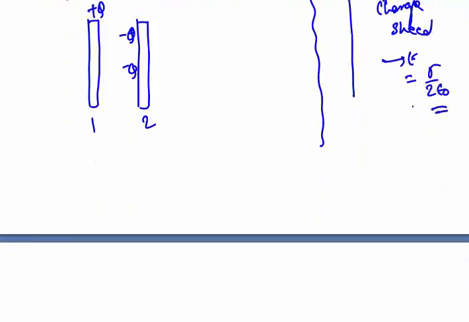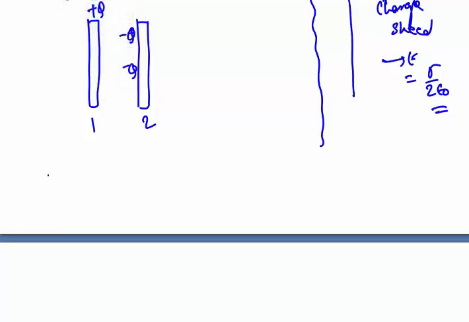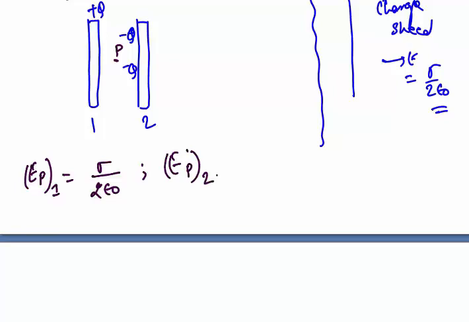Using this concept, the electric field at point P because of plate 1 is sigma by 2 epsilon, and the electric field at point P because of plate 2 is sigma by 2 epsilon.